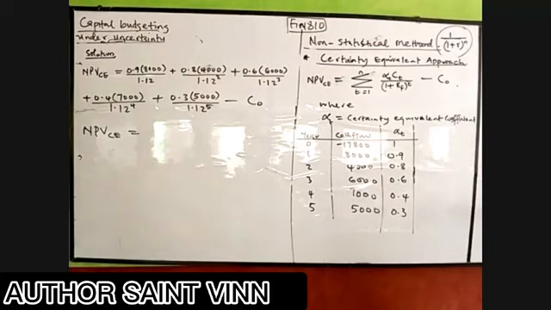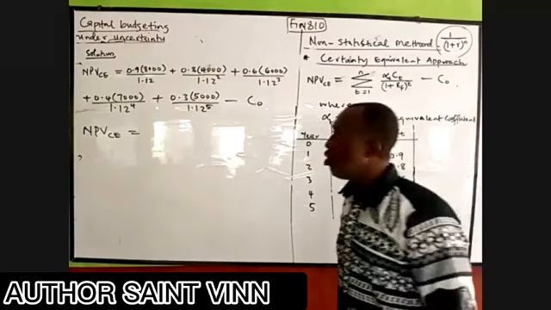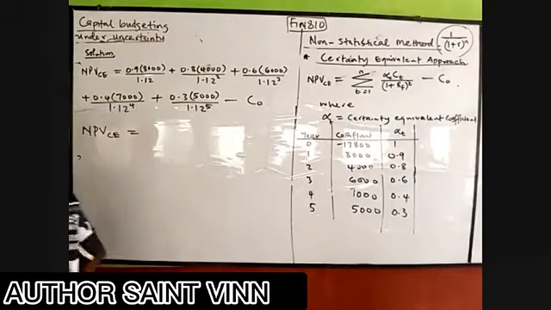Or you carry out division: 0.9 times 8,000 divided by 1.12, plus 0.8 times 4,000 divided by 1.12 raised to power 2, like that. As far as one knows NPV, the problem becomes so easy.